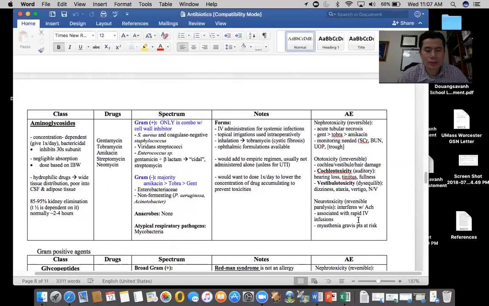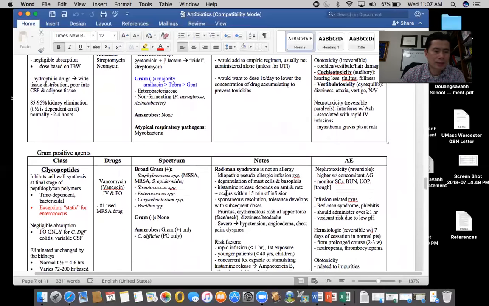It's usually associated with rapid IV infusion. Be careful when you use it with myasthenia gravis patients, because it puts them at risk of prolonged paralysis with gentamicin administration. I use it a lot. In other hospitals, I don't know about your practice, but you'll see it being used a lot. So just be a little leery about that.